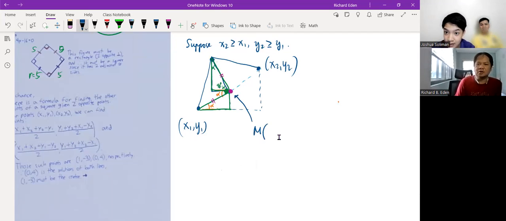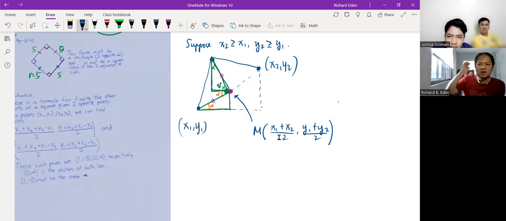Nung midpoint, ang coordinates niya ay x1 plus x2 over 2, comma, y1 plus y2 over 2, right? The usual midpoint formula. So ngayon, what we got to do is imagine from the midpoint, how are we going to travel to get to the two other vertices?